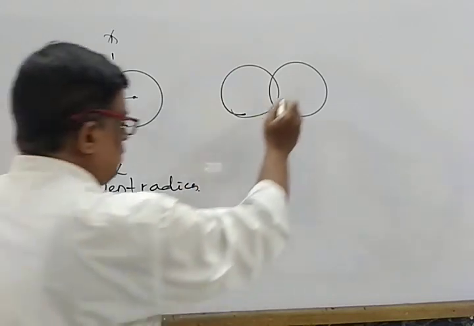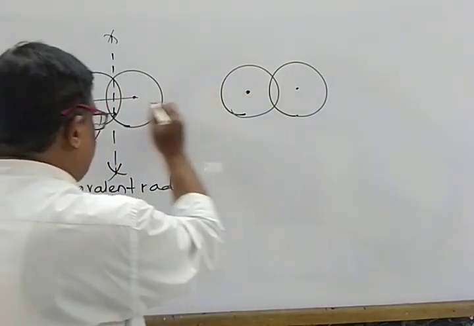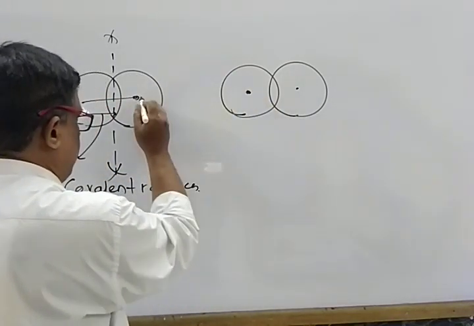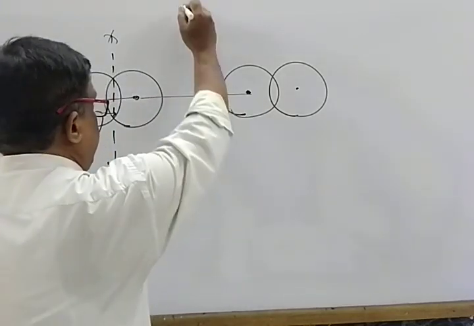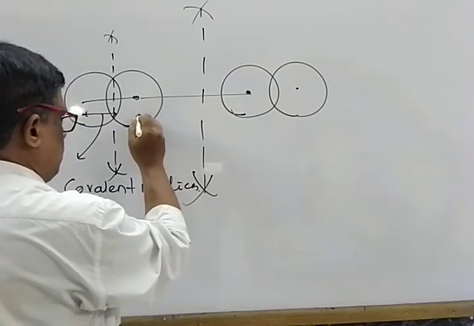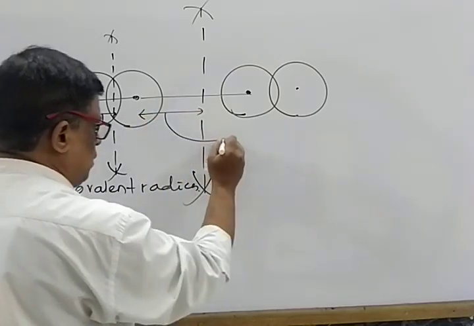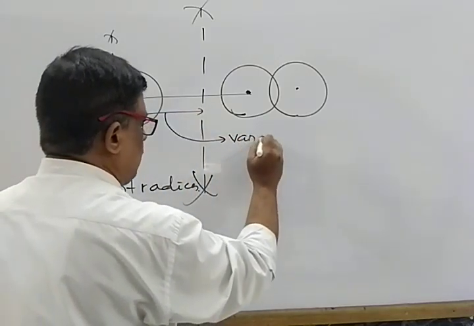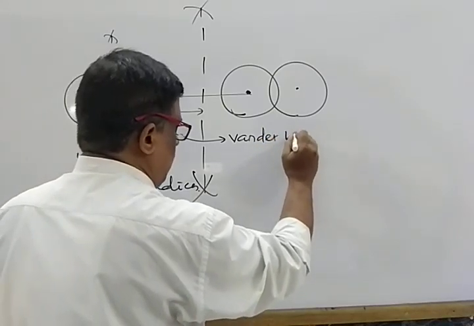On the other hand, this is the center, and these two centers are the nearest approach. Make a half of these two, so this is known as the van der Waals radius.